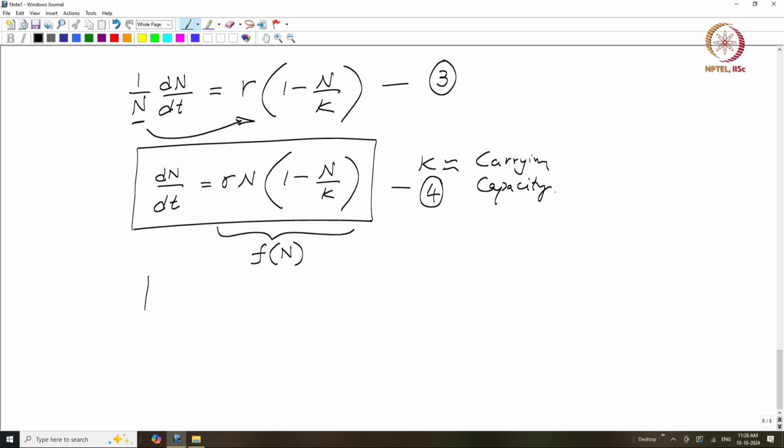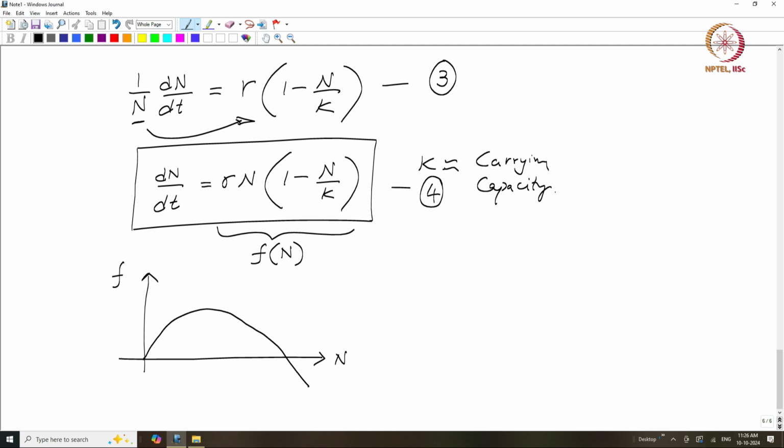So now, can we plot this population growth rate as a function of the population size, that is, Rn times 1 minus n by k. Again, please go back to the math refresher video and check this. This function basically looks like this.